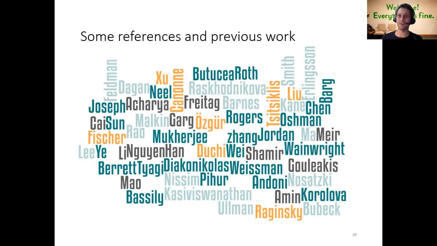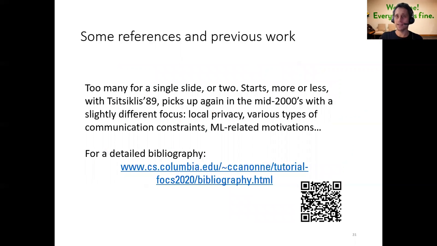Before I go further and leave the floor to the next part of the tutorial, some references. All this does not exist in a vacuum. I just did a quick word cloud of a bunch of citations. They are not in order. I'm joking a little bit. Basically, there are way too many references for a single slide, or even 2, or even 3.